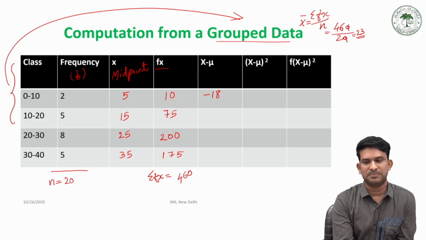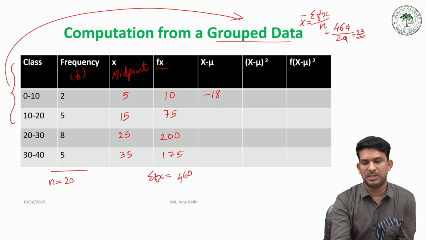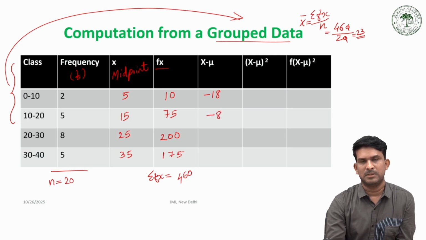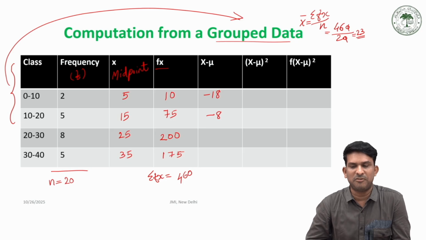What is next? 15, right? 15 minus 23, minus 8. Am I right? Minus 8. What is next? 25 minus 23.